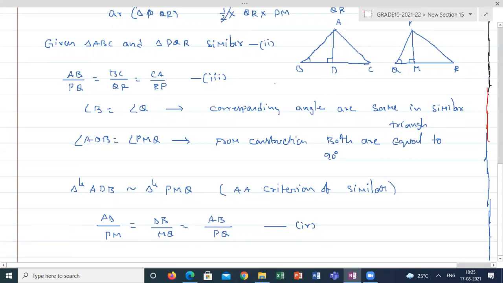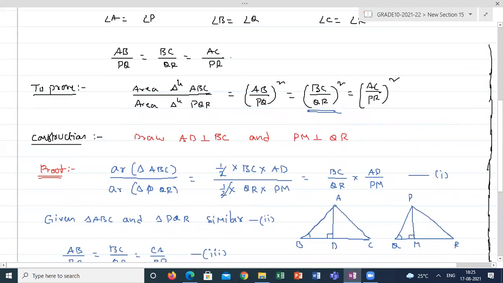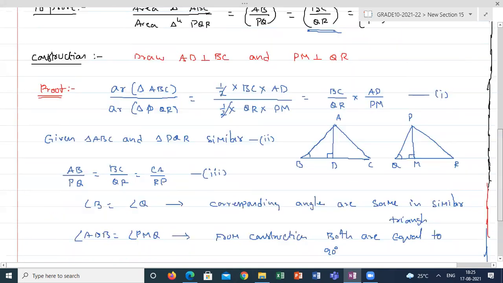See here, from equation 1, AB by PQ is equal to two other ratios. This is my equation 1 I am taking. This is from the given.